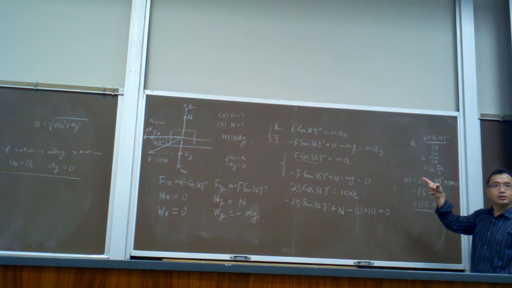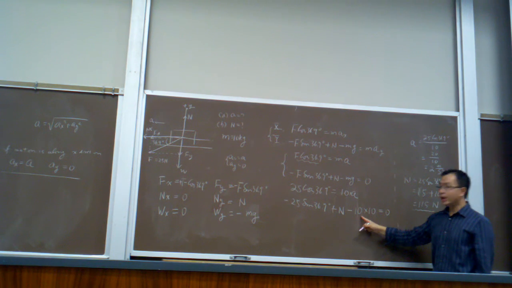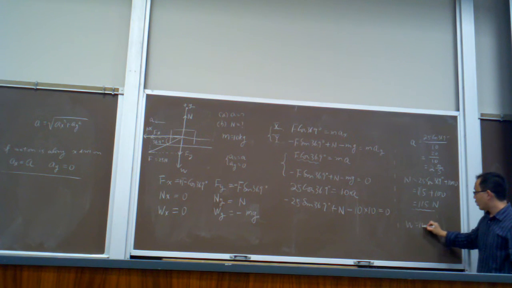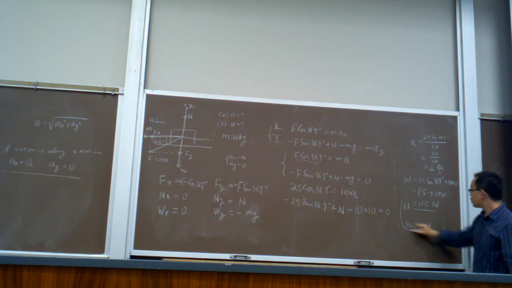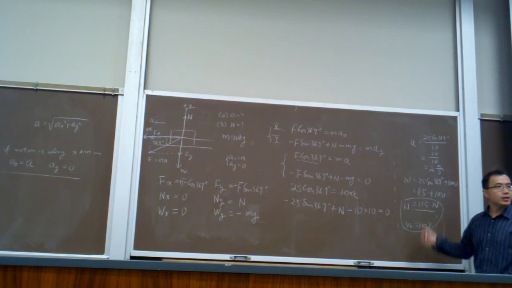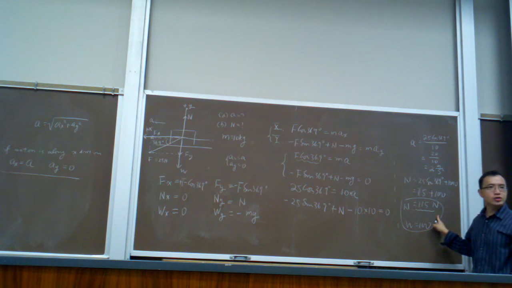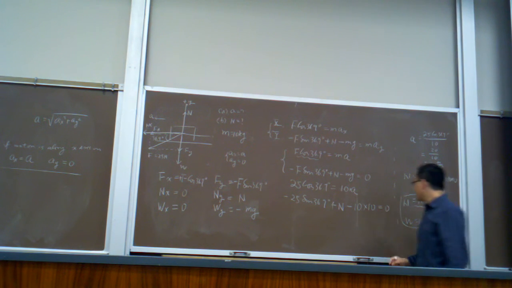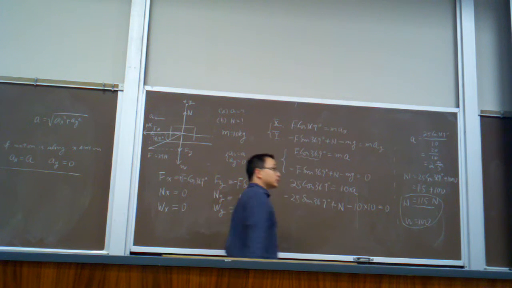What's the weight of this object? 10 kilograms multiplied by 10, so W equals 100 and N equals 150. That again shows that the normal force, in general, cannot be calculated as m multiplied by g. Only the weight can be calculated as m multiplied by g. So never write down N equals mg. That's not correct.